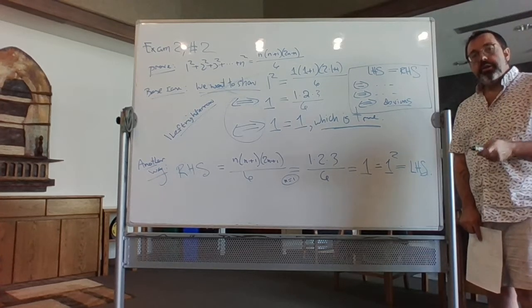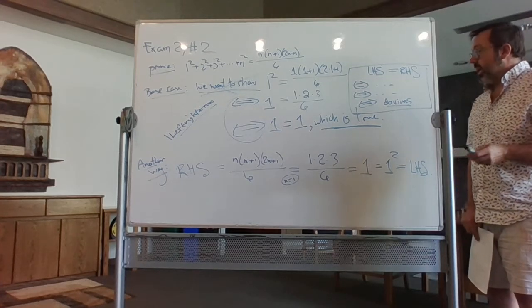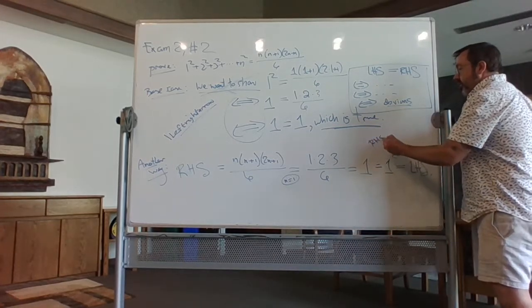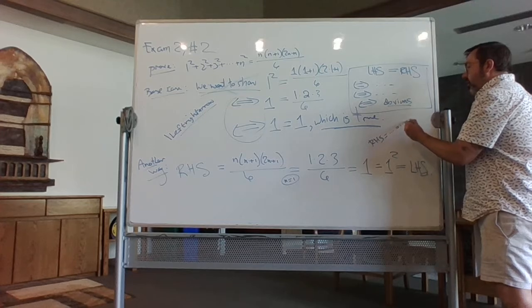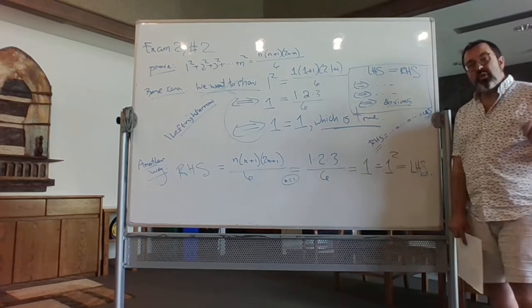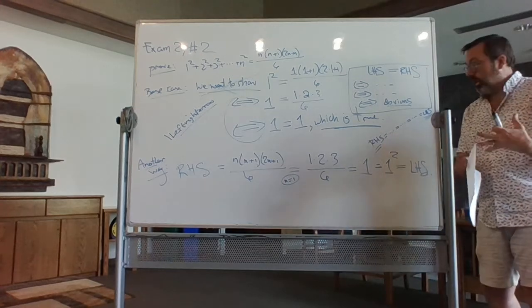Let me just end with another common mistake some folks were making. They tried to do something like this, but notice the structure of this proof is to start with one side and end with the other, because those are the things you're trying to show are equal to each other.